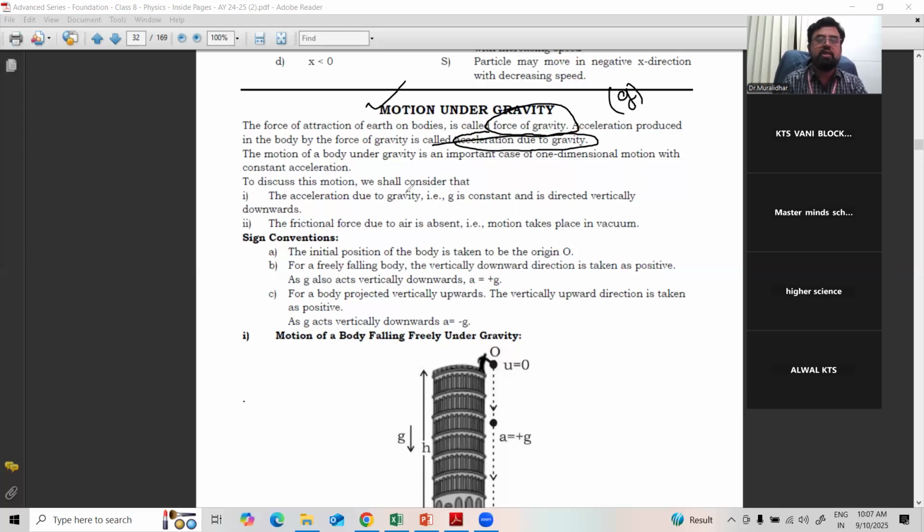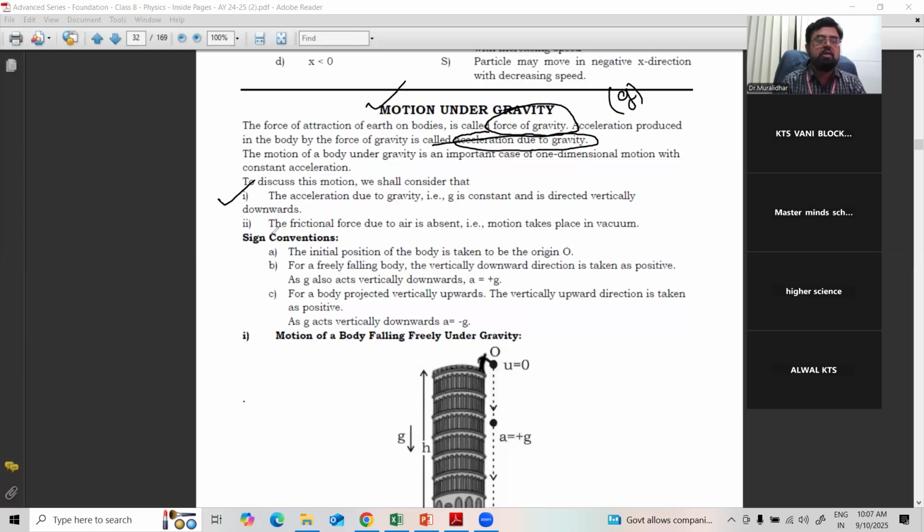The motion of a body under gravity is an important case of one-dimensional motion with constant acceleration, because the g value is the same at a particular place due to the same gravitational pull of the earth. To discuss this motion, we shall consider the acceleration due to gravity, small g, to be constant and directed vertically downwards.